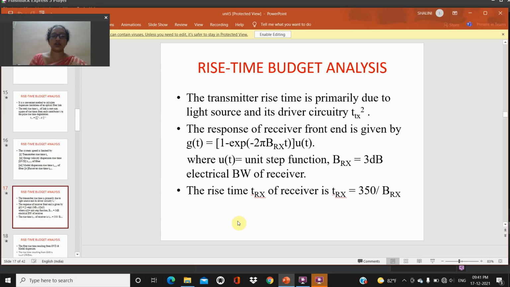The rise time T rx of the receiver is equal to 350 by B rx.